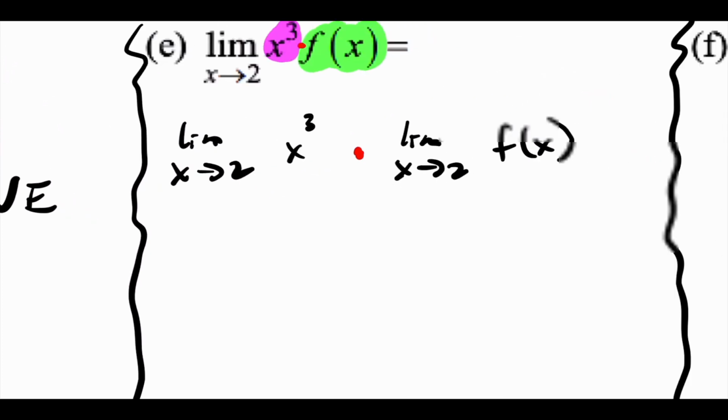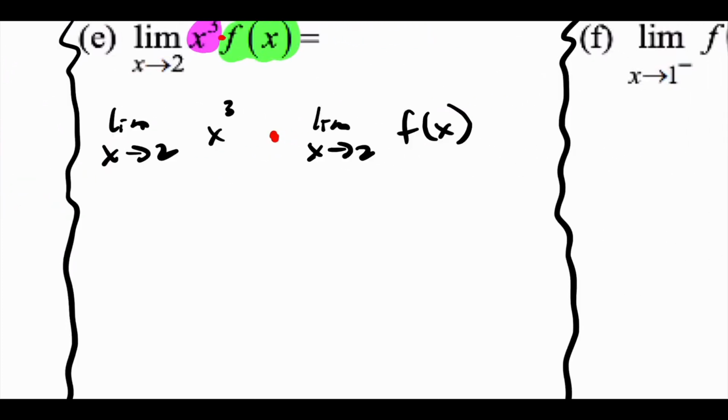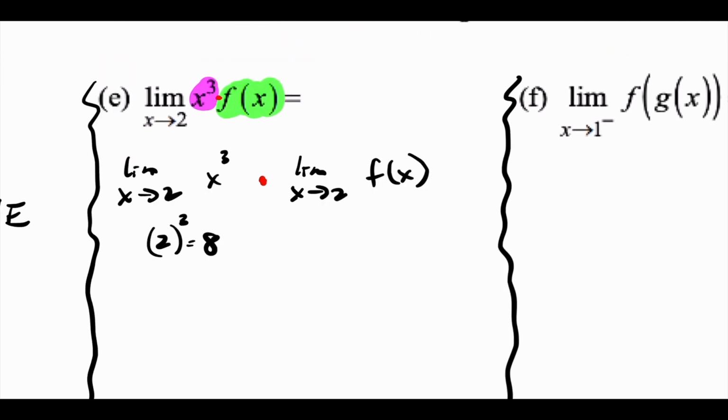Just plug it in. 2 to the third power is 8. So 8 times the limit as x approaches 2 for f of x.